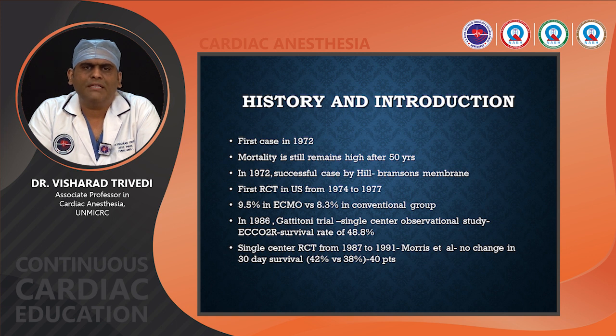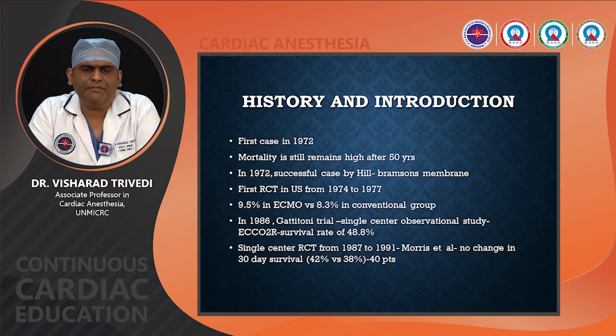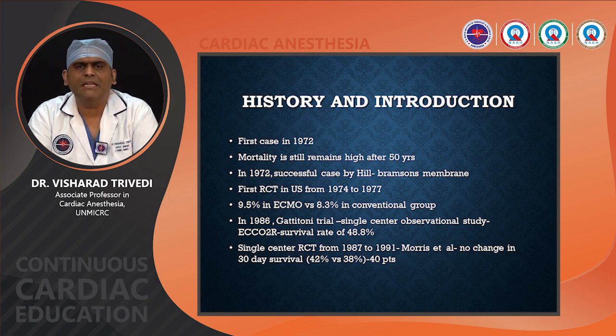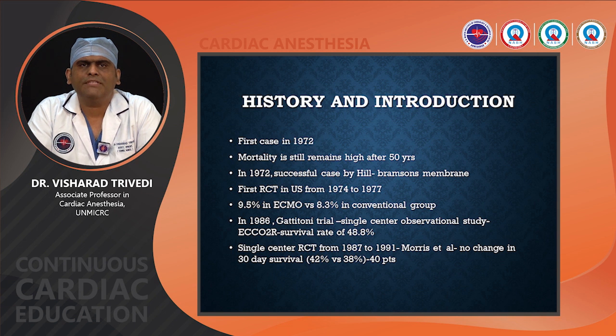If we look at the history of veno-venous ECMO, as you have been told previously, the first case of veno-venous ECMO happened in 1972, but even after 50-55 years, the mortality due to respiratory complications is very high. The main cause of mortality in respiratory ECMO is ARDS, acute respiratory distress syndrome, in which ECMO can prove to be an effective modality of treatment.